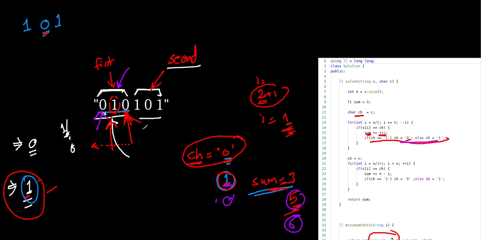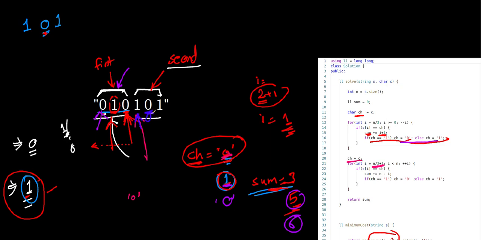Now we will use the second operation in the second half, and we start from this index here, and again we start from ch equals the original one, 0. So we search for the value 0 here. Is this 0? No. So we move to the next character.